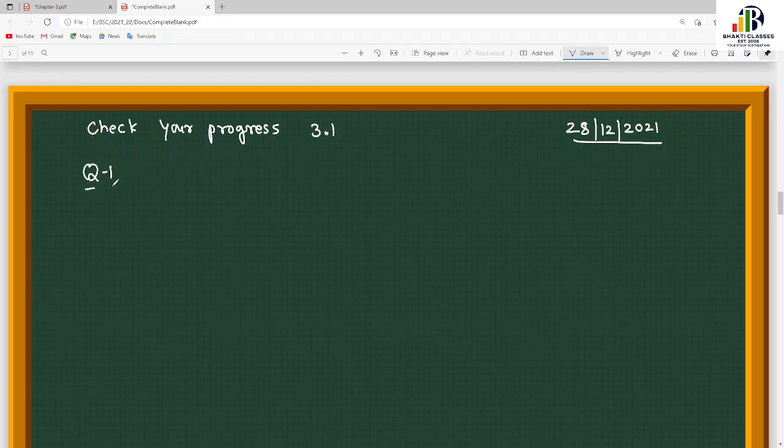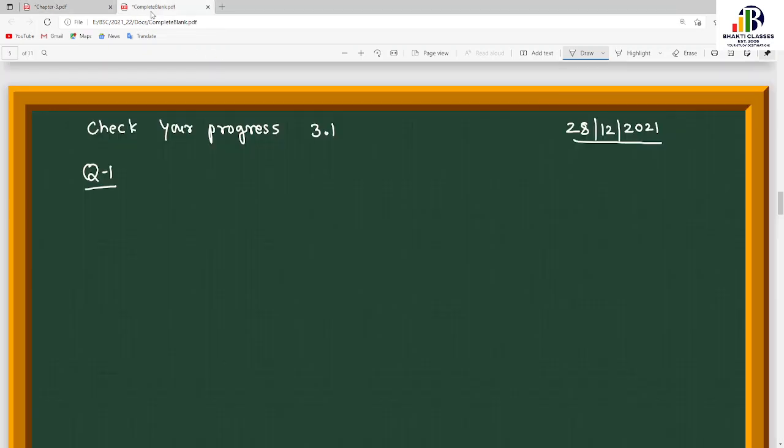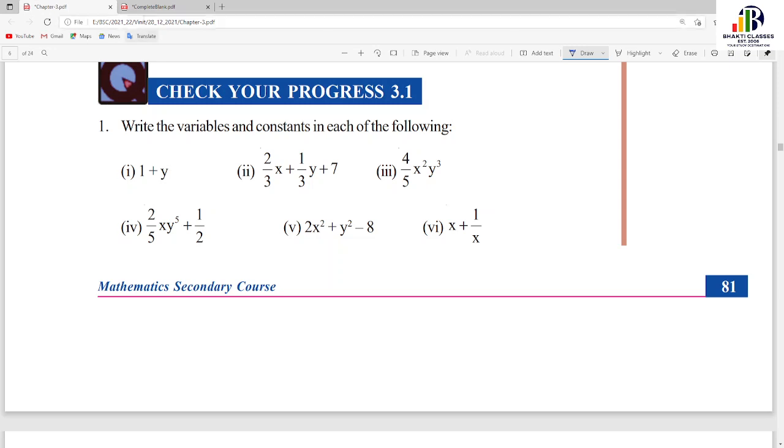Question number 1. Write down the variables and constant in each of the following. So let us do the first one. 1 plus y.